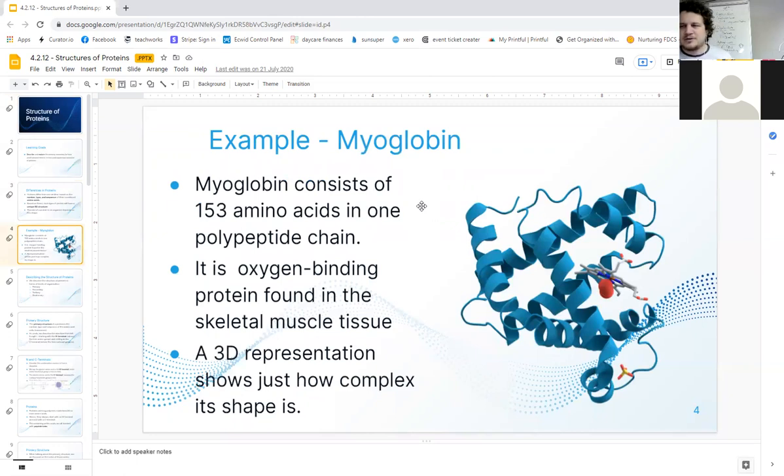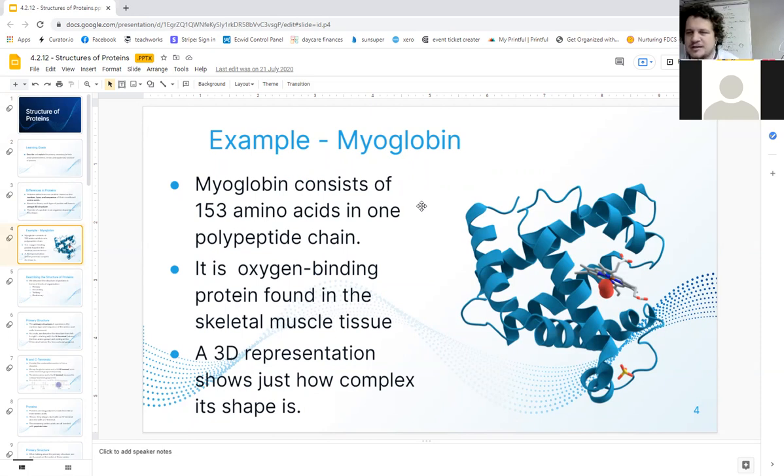You'll get to know weird looking pictures like this. So, myoglobin. Everyone remembers from PE about their ATP energy system, which gives you the ability to run full tilt for about 10 seconds, because you have about 10 seconds worth of oxygen bound to myoglobin in your muscles.